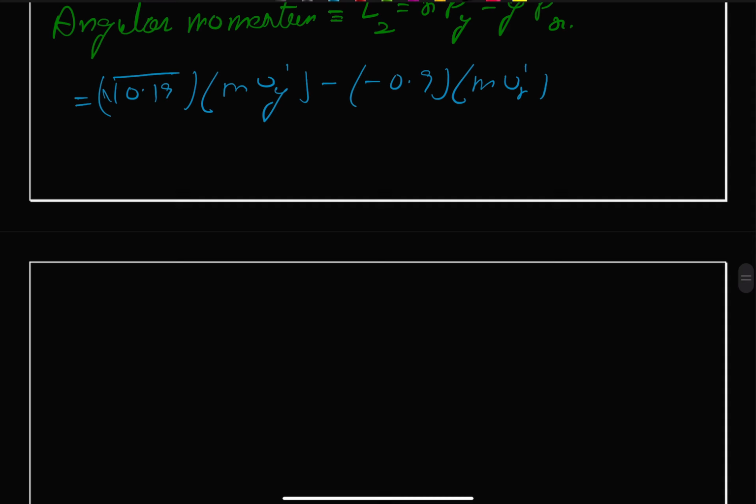We can take mass as common, and this gives us m times 0.19 vy prime plus 0.9 vx prime.